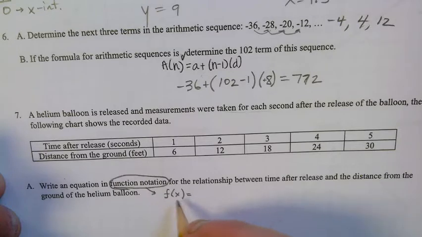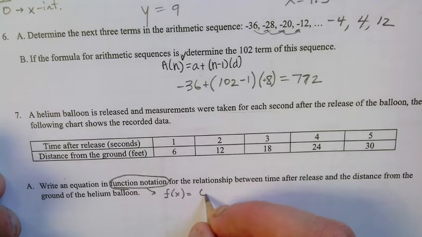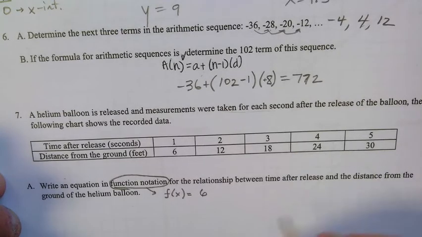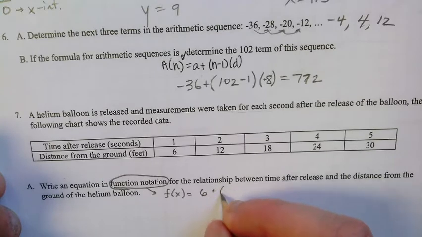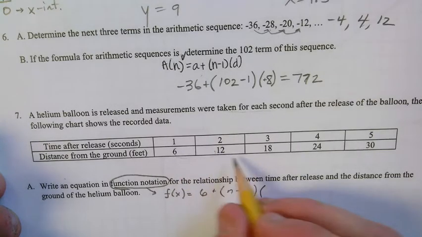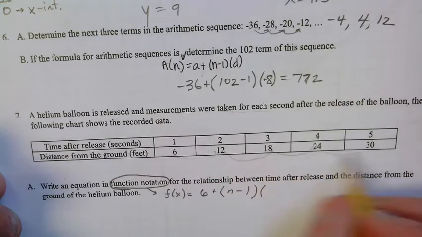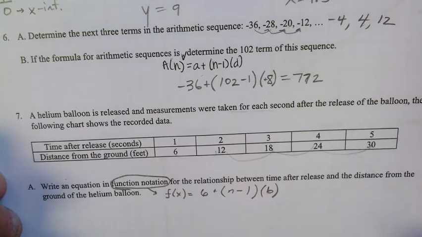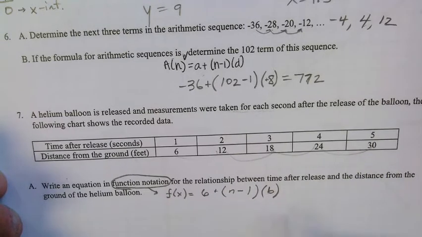I would do it this way: the starting point is 6, that's my first term. And then from there, every second after has a common difference of 6 feet. Up 6, up 6, up 6, up 6. You can fix this a little bit if you want to write this out.